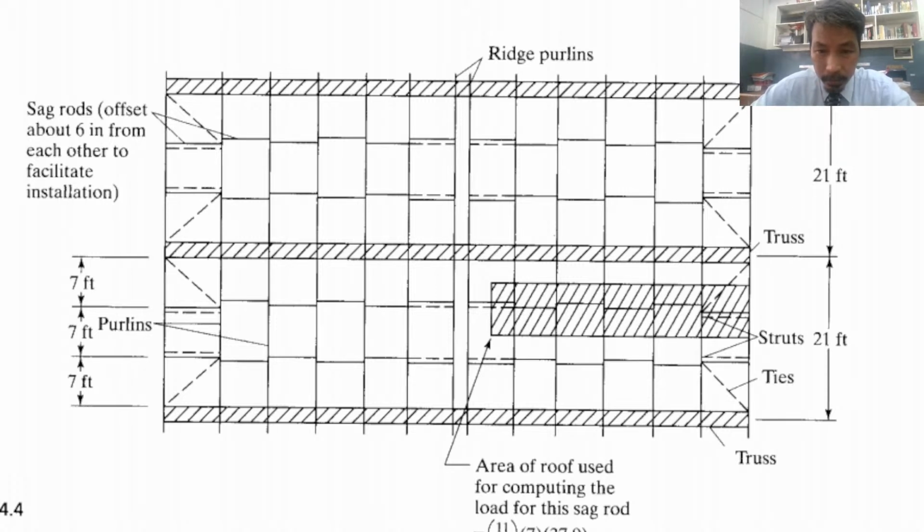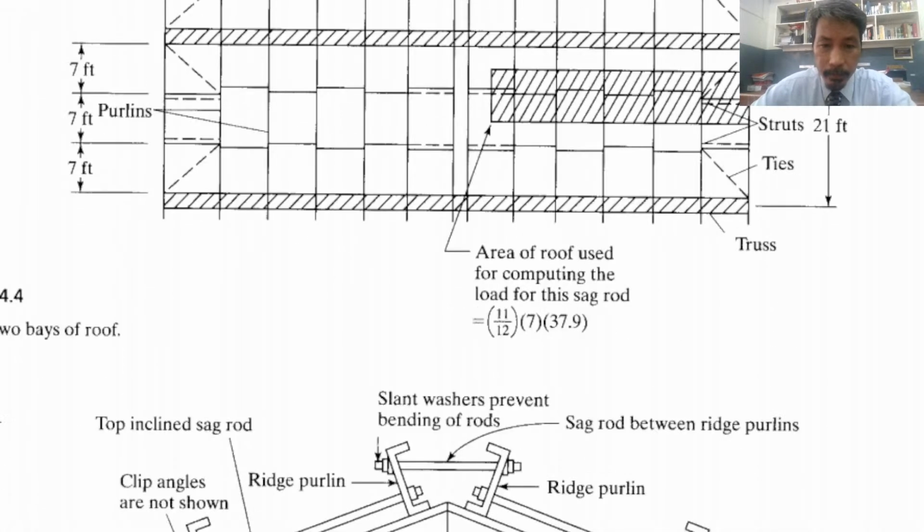Okay, so area is 7 times 37.9. We multiply by 11 over 12.